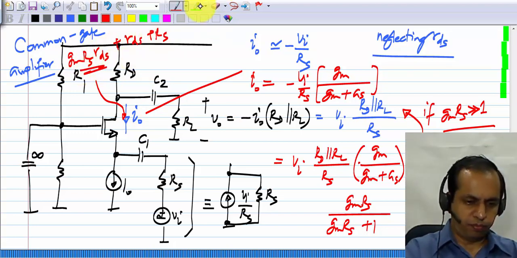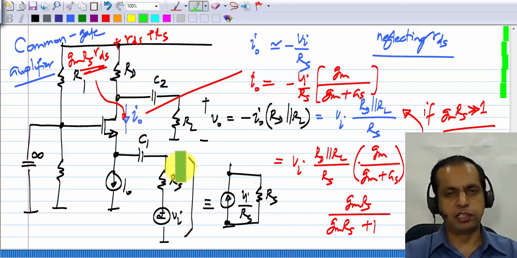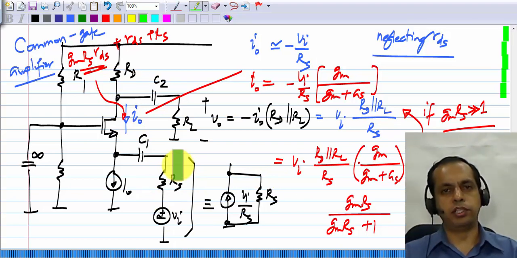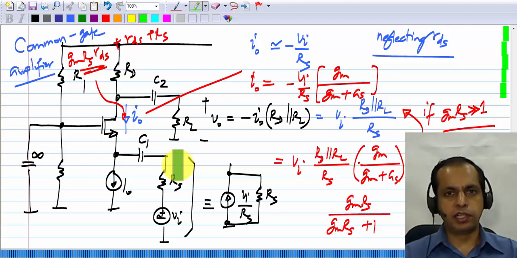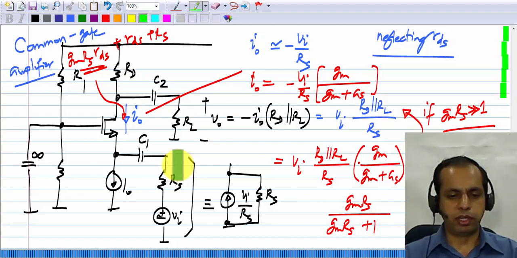Because of this term, the resistance looking in here is much higher than Rs, so it gives you a much better current source. And it's exactly like the voltage buffer. A voltage buffer can take a voltage source with a high series resistance and make it look like a better voltage source, the same voltage but with a much smaller output resistance. Okay. So this current buffer serves a similar purpose, and it's also a very widely used building block.